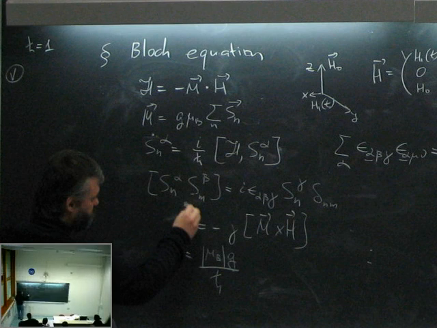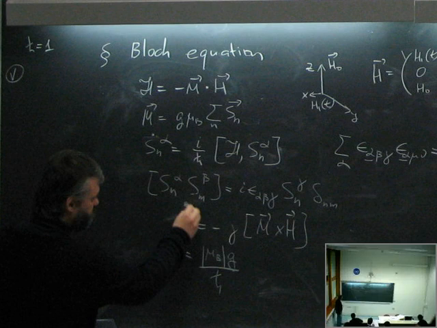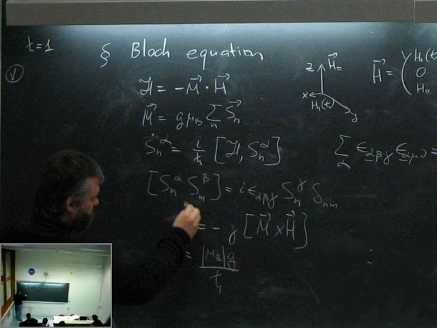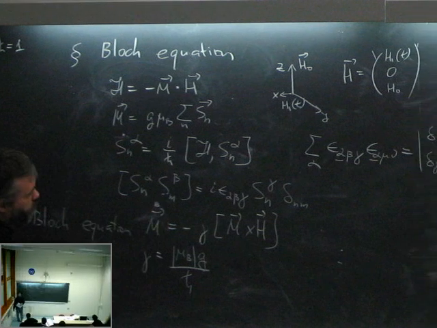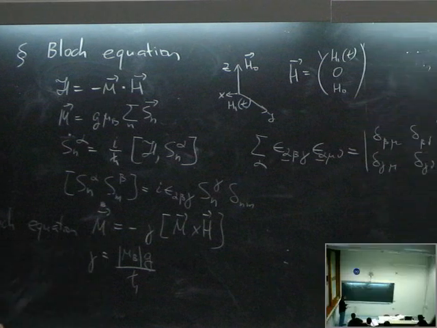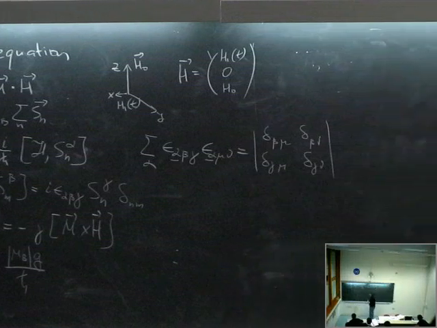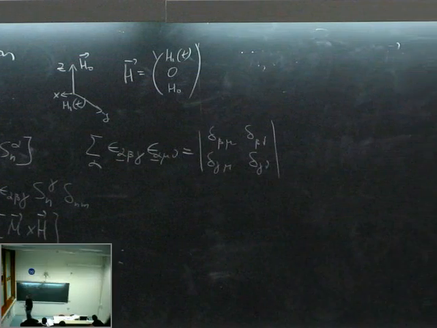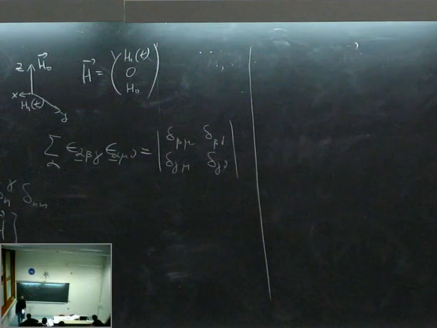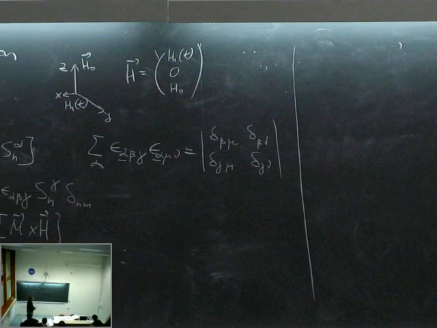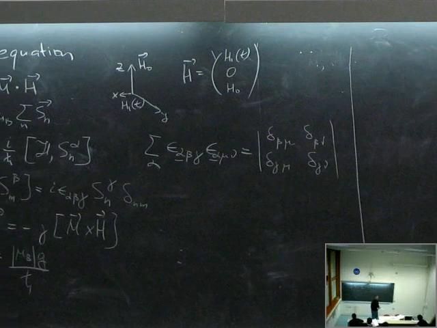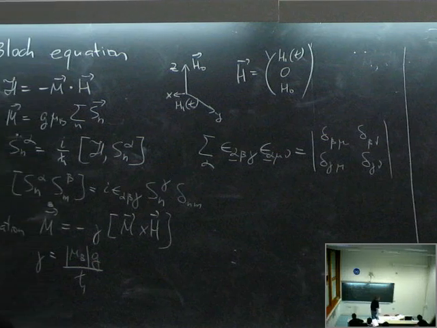So this equation describes the dynamics of magnetization, and this is known as the Bloch equation. It plays a very important role in description of dynamics of spin, and is very widely used now when people study dynamics of qubits, for example, in order to construct hardware for quantum computation. Qubit is a quantum bit, as you probably heard.